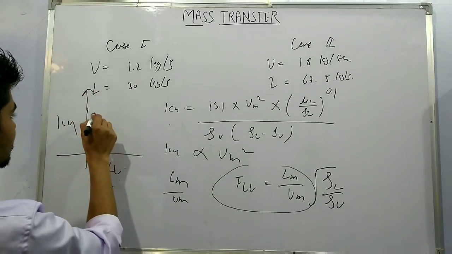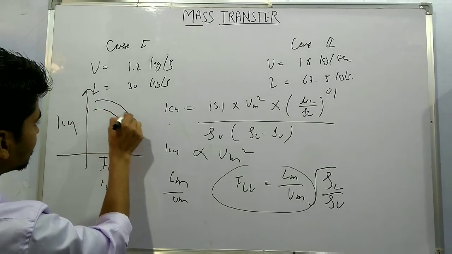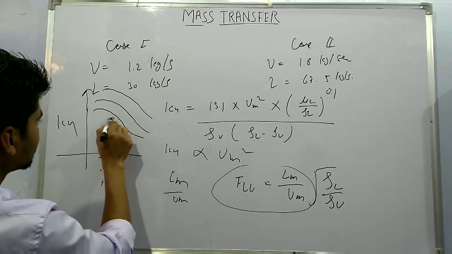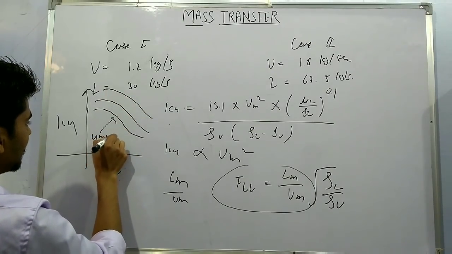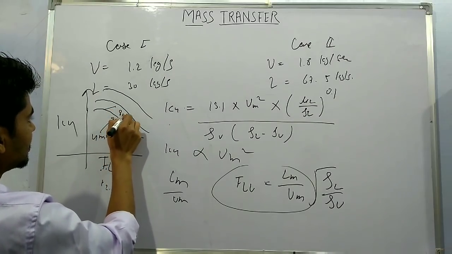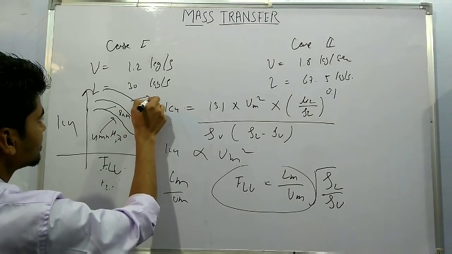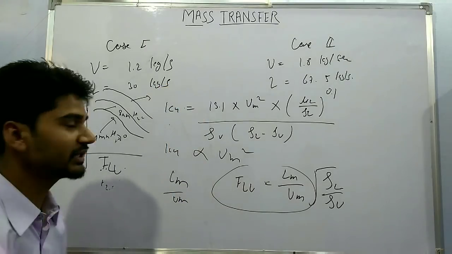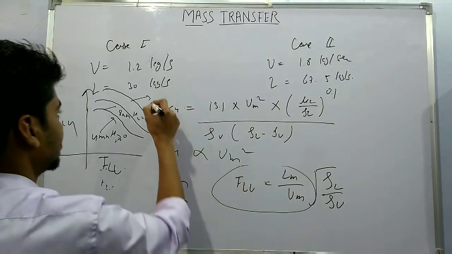And this curve defines the pressure drop of 4 mm of H2O, this defines 8 mm of H2O, and this is the final pressure drop that corresponds to the flooding velocity.